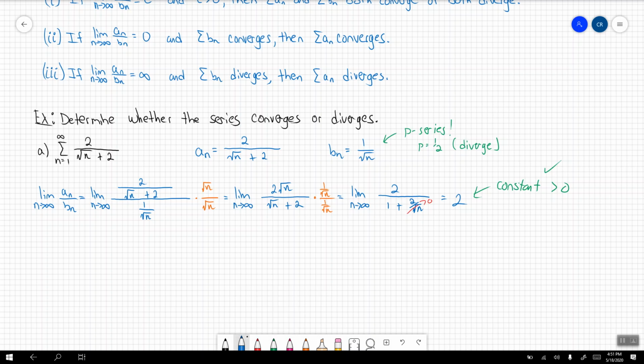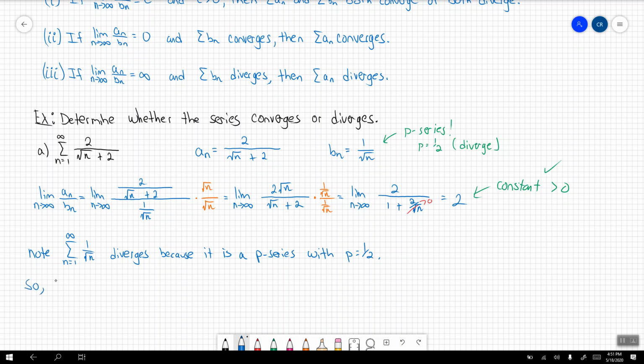All right, so let me go ahead and state what I have. I'm going to say note that the series at n is equal to 1 for 1 over the square root of n diverges because it is a p-series with p being equal to 1/2.